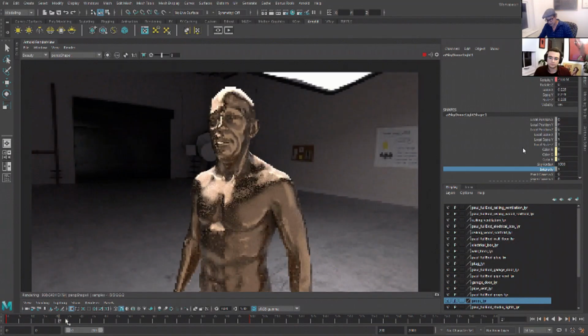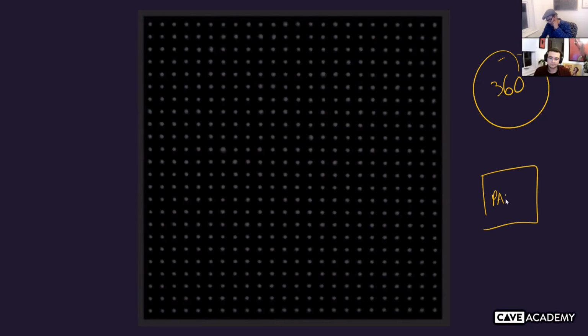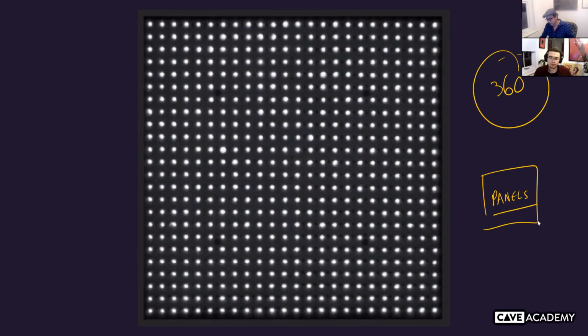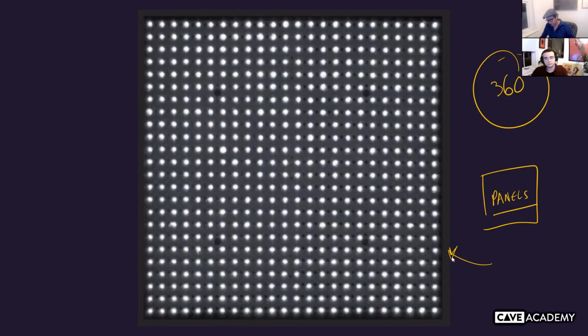I'm going to skip some of this just because I'm worried about time. Here's an example of, instead of just shooting the 360, you can shoot individual light panels as well, and then position them in 3D space. So I do this as much as possible.